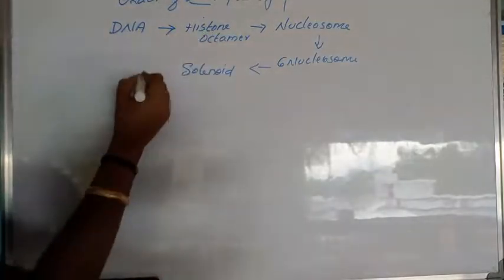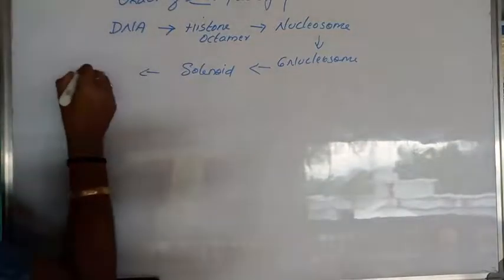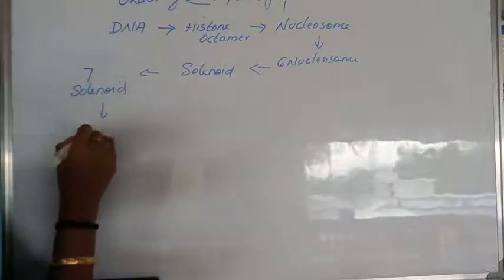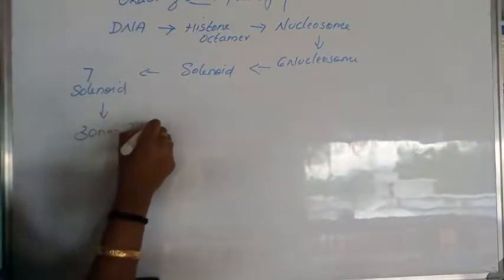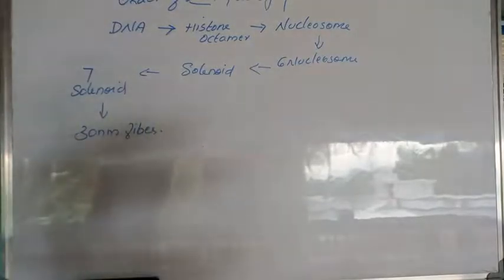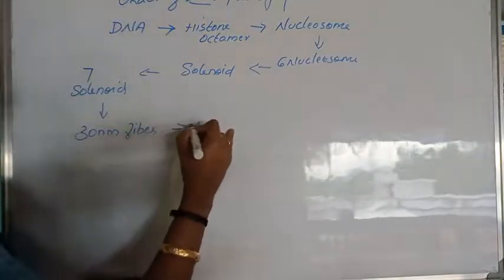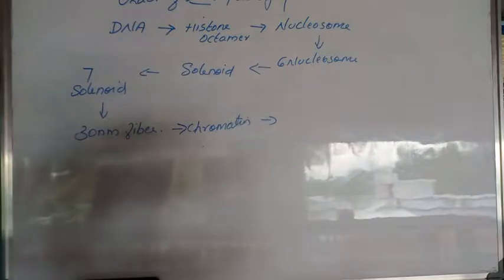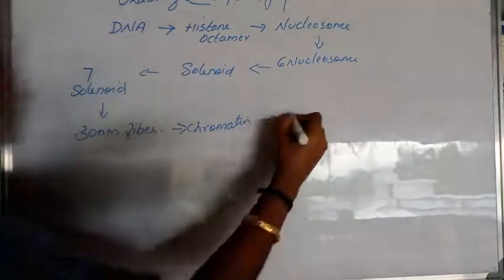Another thing: 7 solenoids will be present in a 30 nanometer fiber. In the 30 nanometer fiber structure you can see 7 solenoids. Then the 30 nanometer fiber becomes chromatin, and the next structure is the protein scaffold.